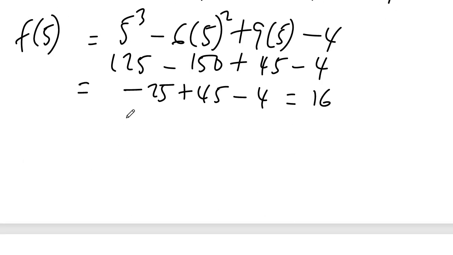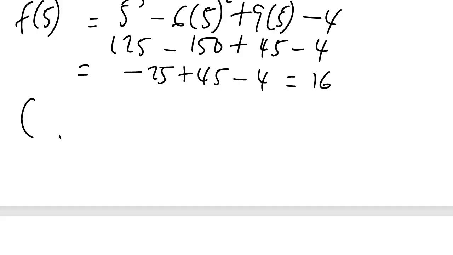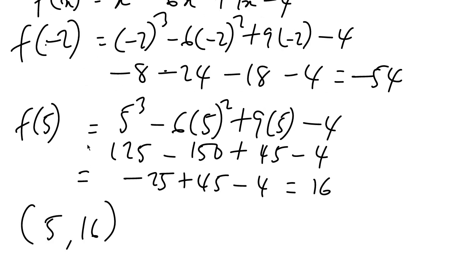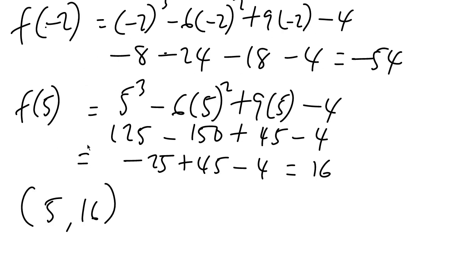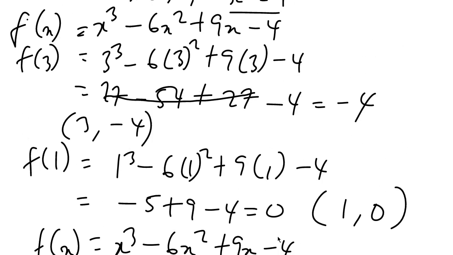So what are the 4 points? Remember the first time around, let me start with the one I'm saying. When we substituted 5, the output was what? 16. Doesn't matter the order in which you write it. When we substituted minus 2, the output was what? Negative 54. And then the critical points, when we substituted 1, we had 0.